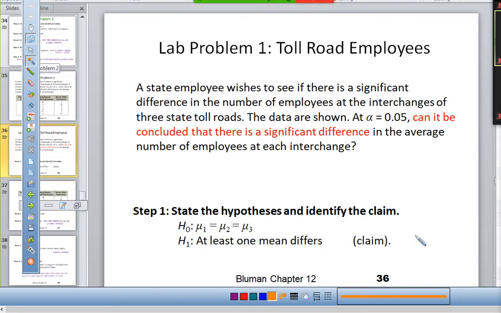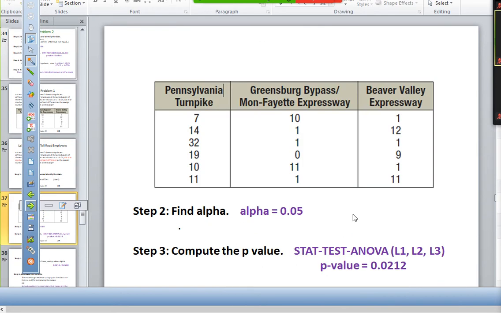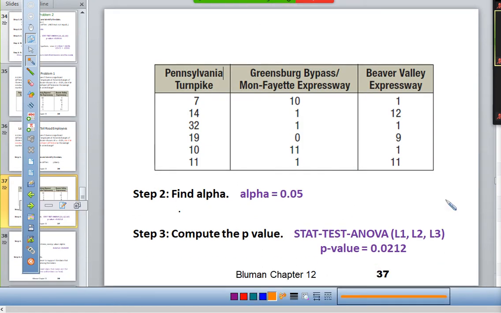Remember on the exam, on the final, I'm only going to give you H0. It's always going to be H0, that's the claim. But here they're asking if there's a difference. So they're saying that H1 is the claim, which you'll need to know for your homework. So again, H0 is mu1 equals mu2 equals mu3. H1 is at least one mean differs. And then alpha is 0.05. Just write it down. That's it.